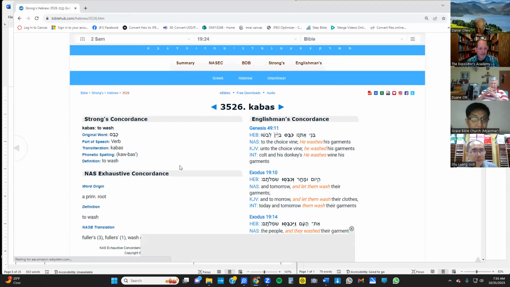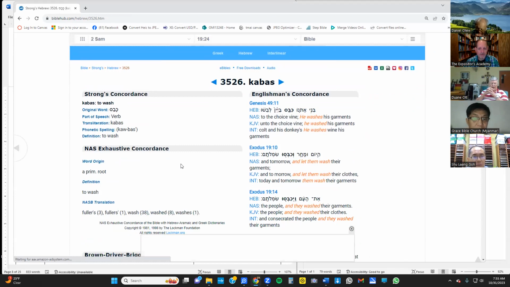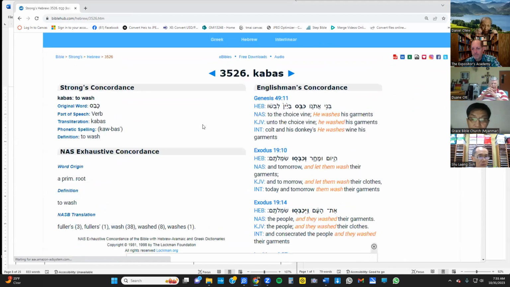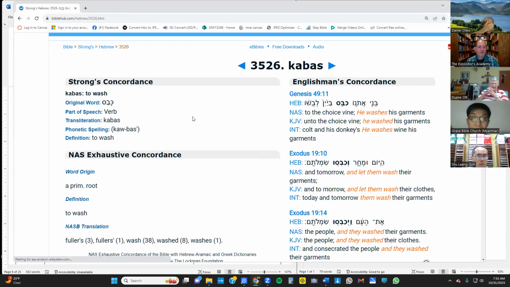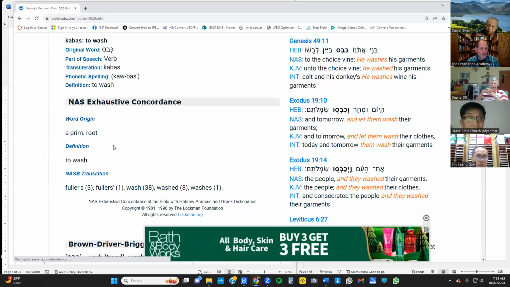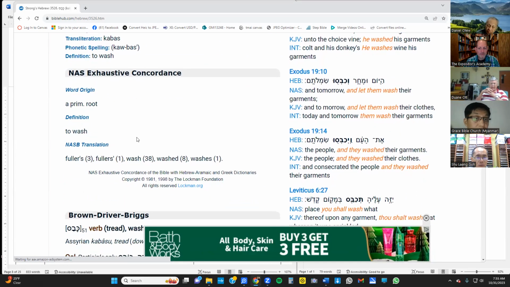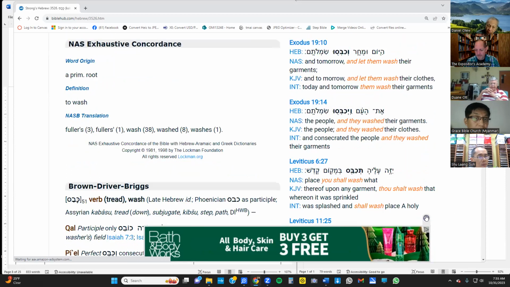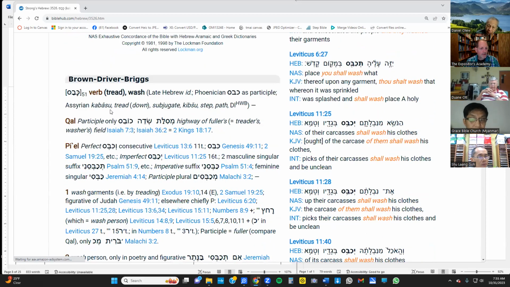Okay. And here, basically, it looks like, let me expand this a little bit. The word kavas, and this gives me several helpful things. Pull that out. Here's the Brown Driver Briggs. That is a lexicon.